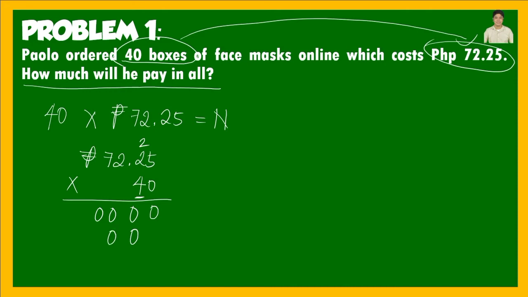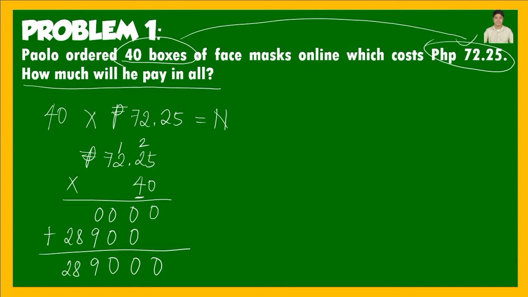So we'll write 0 and then carry 1. 2 times 4, 8 plus 1, 9. 7 times 4, we have 28. Sulat natin 28. And then, add lang po natin. So bring down 0, 0 plus 0, 0. 0 plus 0 again, 0, 0 plus 9, 9. And then bring down 28.